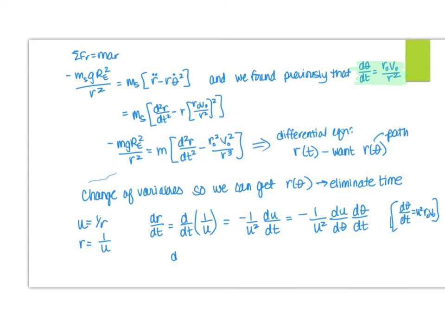So dr dt, we're going to be able to write as 1 over u, minus 1 over u squared, and then we're going to substitute in for d theta dt, that's u squared r naught v naught, and then du d theta. Simplifying it, this just becomes minus r naught v naught du d theta. So remember, all we're trying to do is change variables. So we want to rewrite things in terms of u and theta, which will essentially give us r and theta.